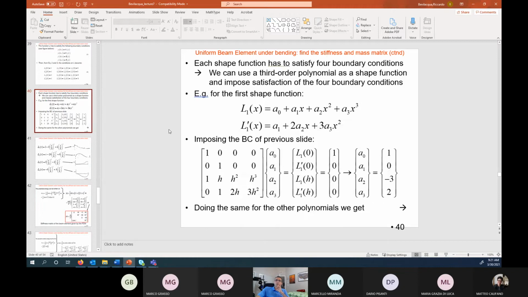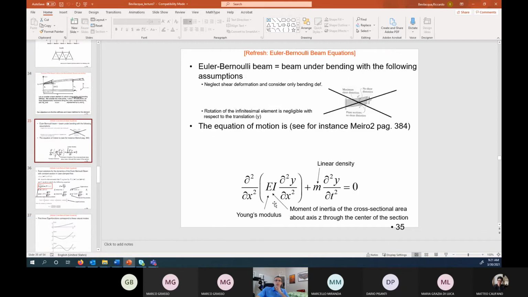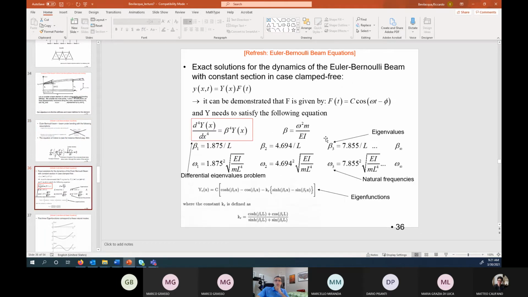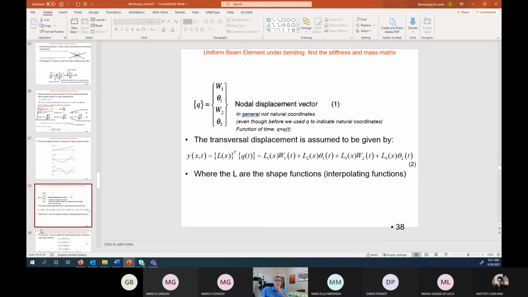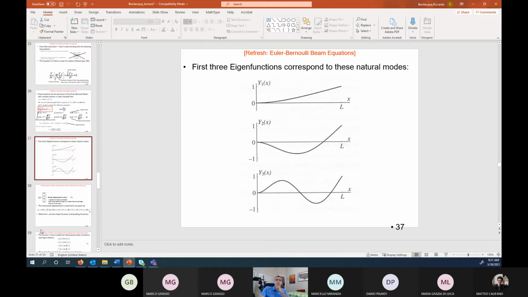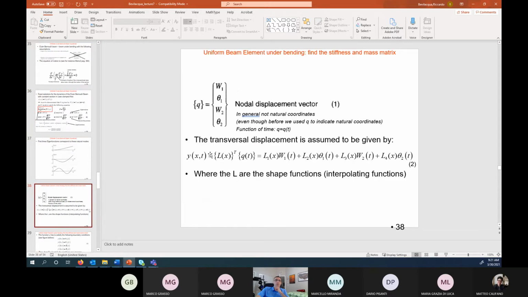What am I doing here? Just to summarize, I know it's a lot of information, but I started from my beam. I know that this is my differential equation, and I know that in general this will be the solution in the continuum form, but I decide that I want to go with this. And so my y(x,t), which in the continuum is given by this y of x and f of t, I'm going to make it look like this.